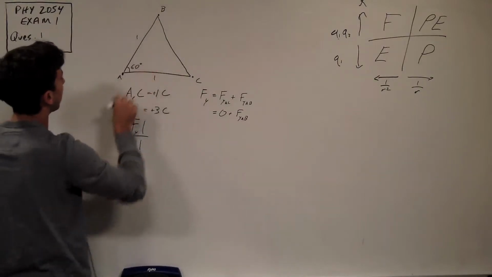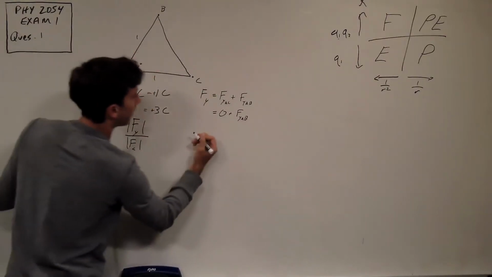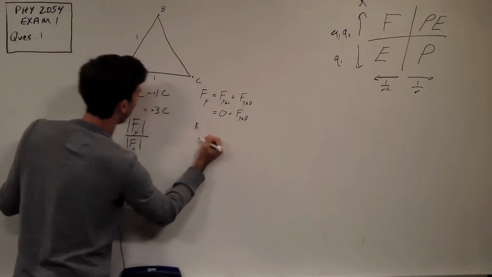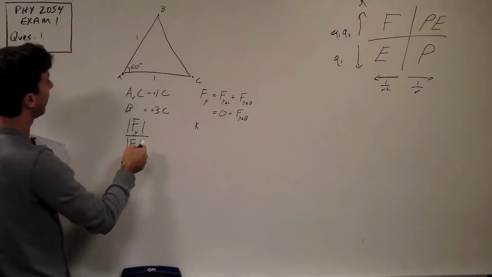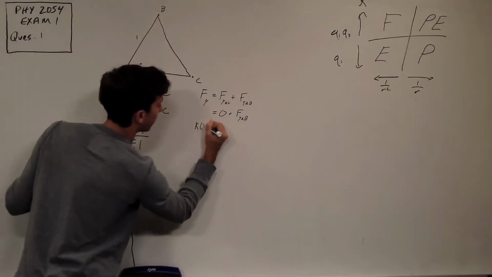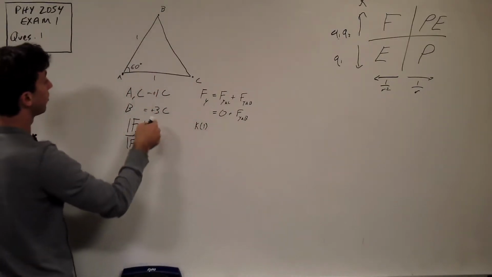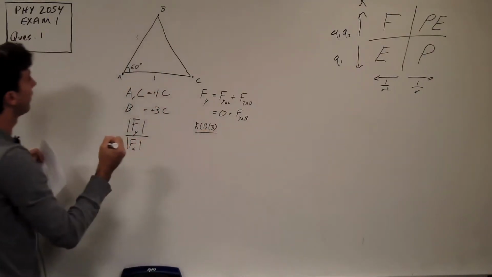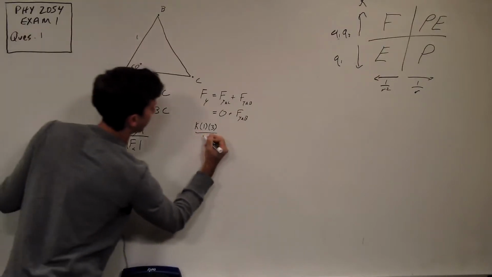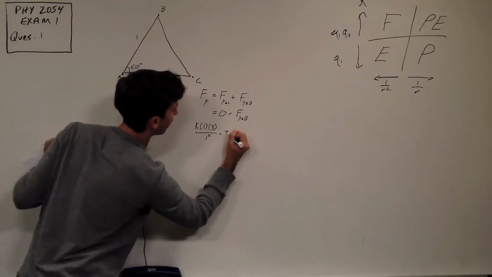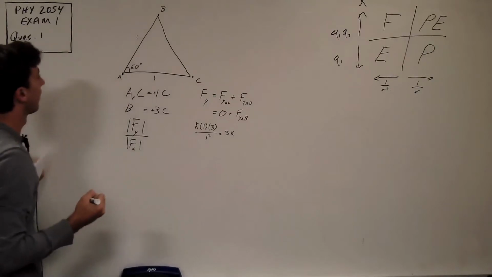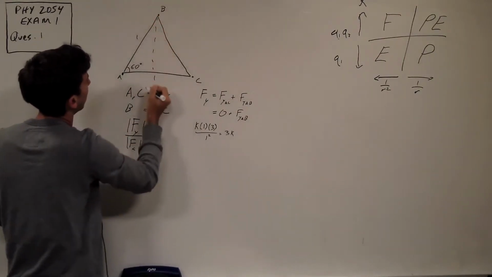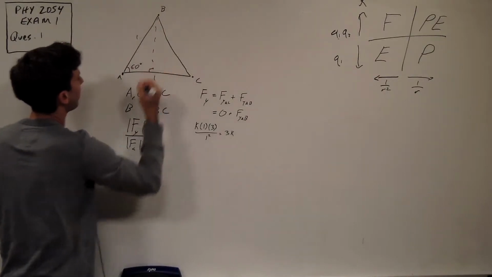So let's calculate that. The total force between A and B is, as we see over there, K times Q1. Let's call A Q1. So times 1 times Q2, which is 3 coulombs, over the distance squared, which is 1 squared, which is equal to 3K. OK, but we need the y component. So we draw a line there, and we've suddenly got a 30, 60, 90 triangle.